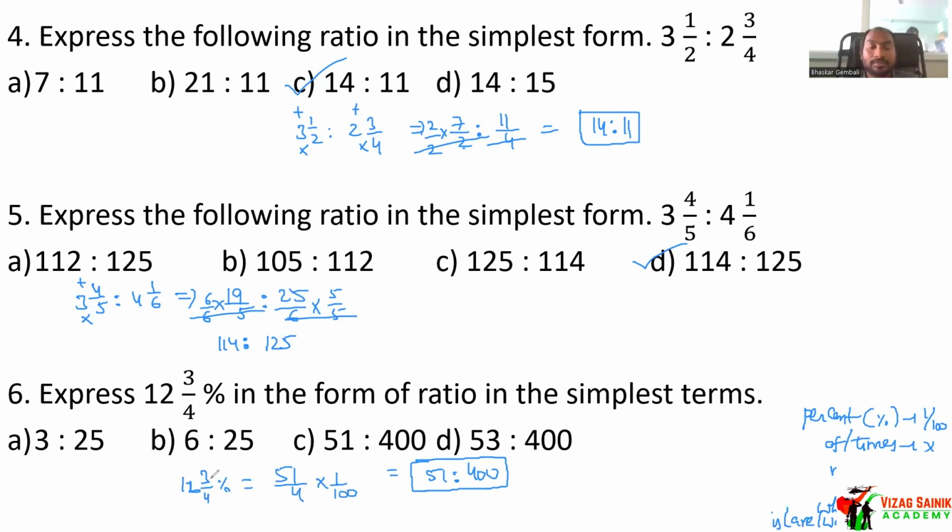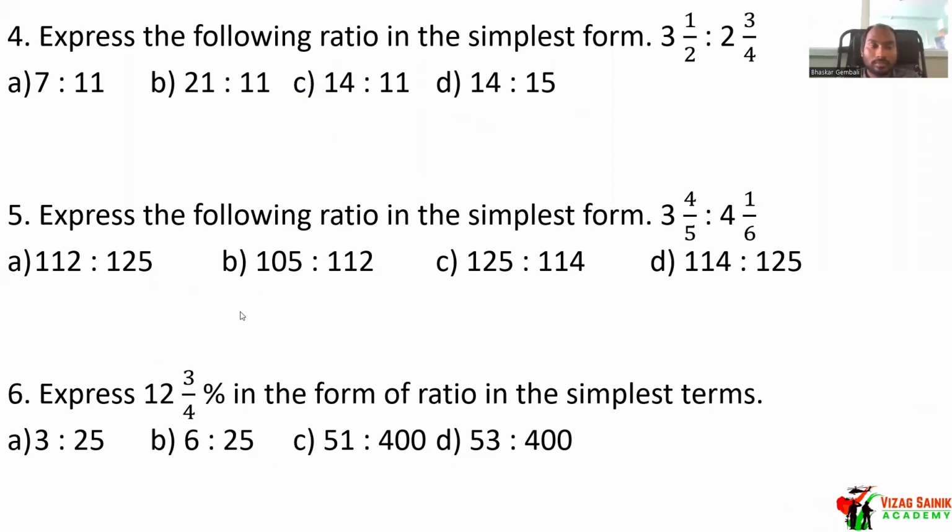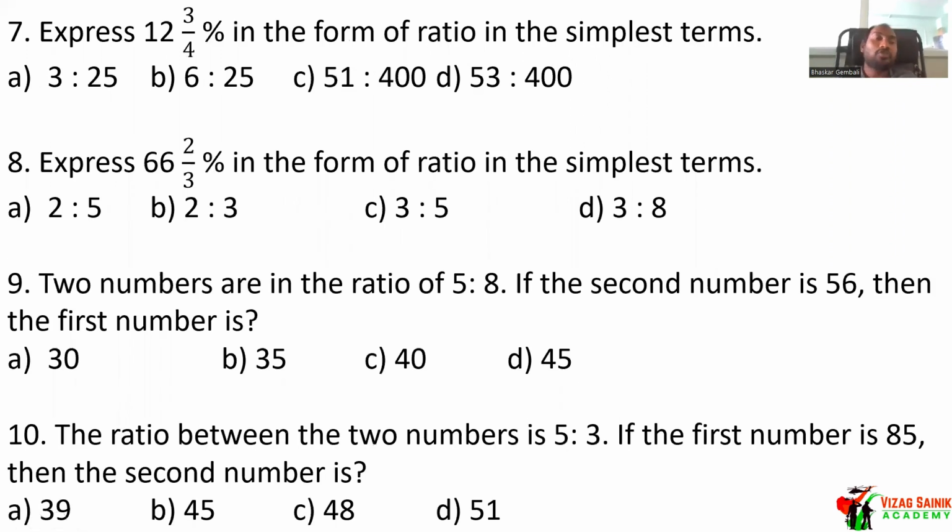Okay, next question. Express 12 3 by 4 percent in the form of ratio in the simplest term. This is also the same. 12 3 by 4. 12 3 by 4 percent. 12 into 4, 48. 48 plus 3, 51. 51 by 4 into 1 by 100.